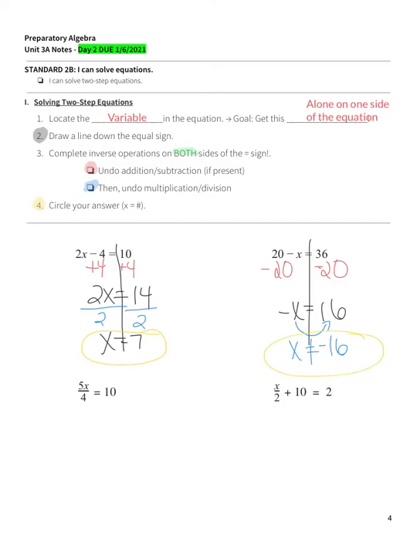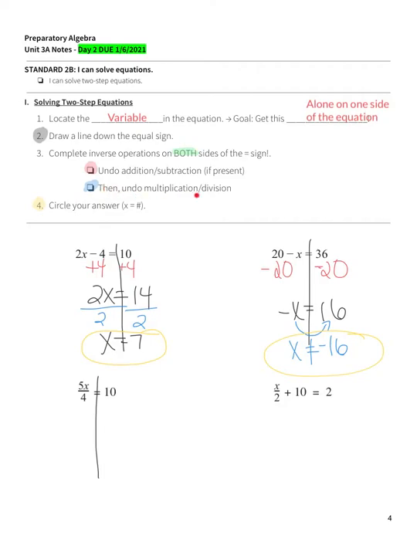Let's move on to the next problem. First, we locate the variable, 5x divided by 4. Second, we draw a line down the center. Third, we undo the addition or subtraction, if present. There is no addition or subtraction, so we move on to the next part.